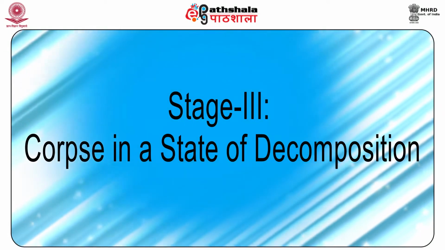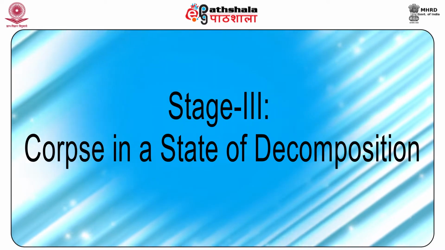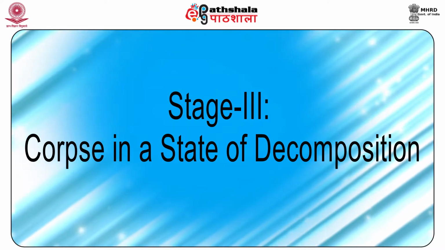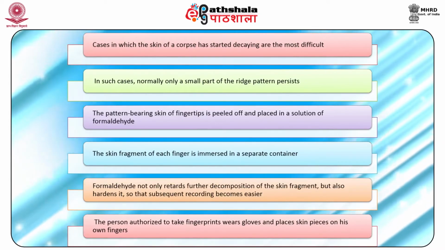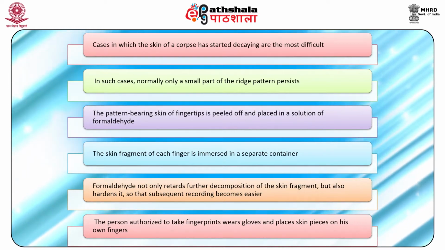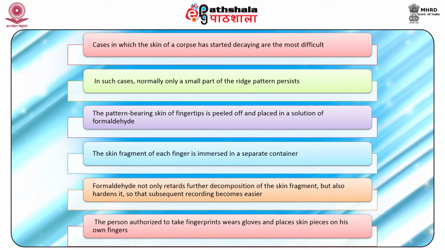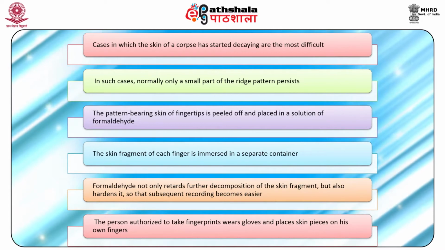Now we will study stage 3, or corpse in a state of decomposition. Cases in which the skin of a corpse has started decaying are the most difficult ones to handle as far as retrieving of fingerprints is concerned.